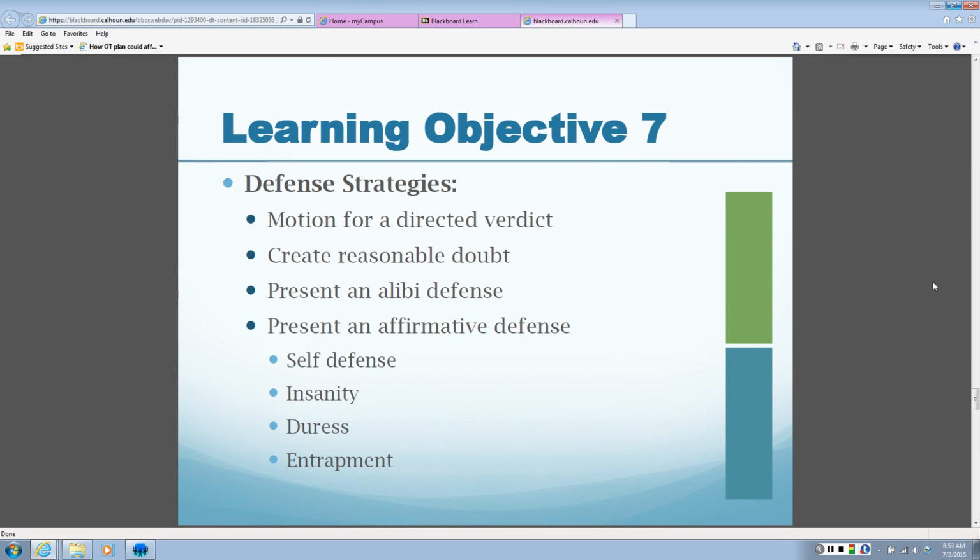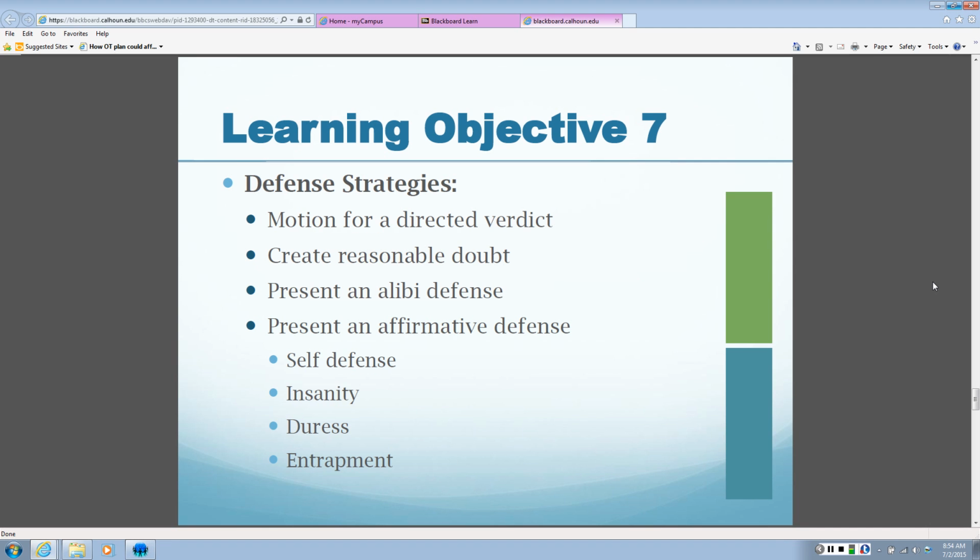Or, if they can't do that, they'll present an alibi. They'll say, my client could not have engaged in this crime because he was with somebody else doing something different in a different location. And if the jury buys into that, they don't have a choice but to find that defendant not guilty.